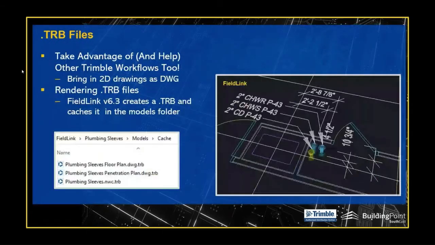TRB files, just a point of note. Within FieldLink, when you create FieldLink files, you'll see there's models. When you upload a DWG, it's actually caching a TRB file. A TRB file is just short for Trimble BIM. It's kind of a double nomer there.